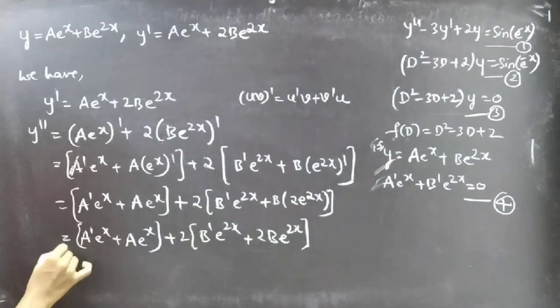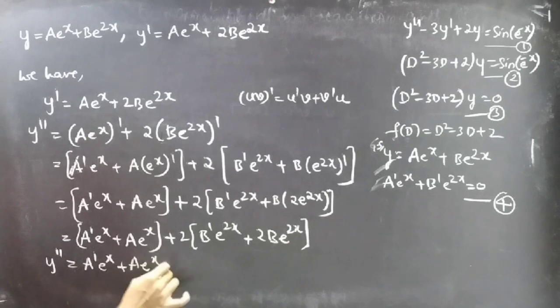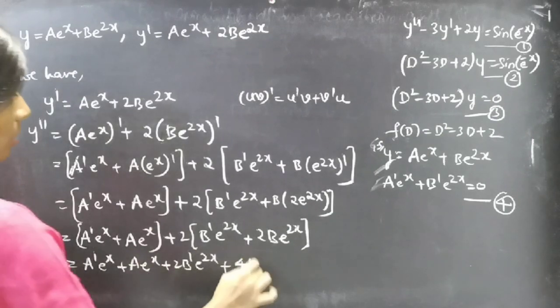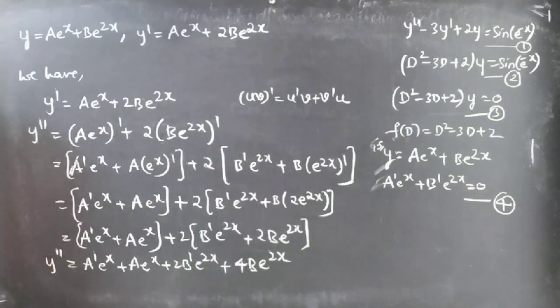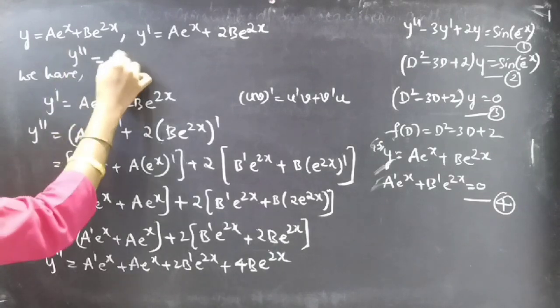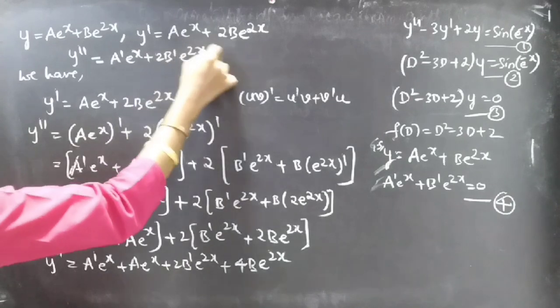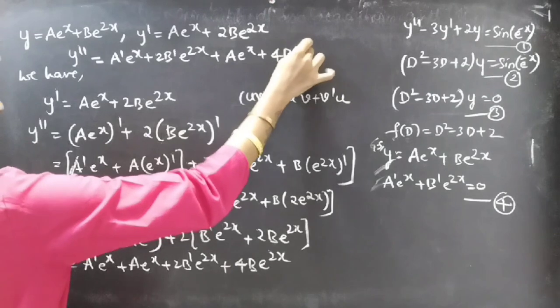We'll get y double dash equals to a dash e power x plus a e power x plus 2b dash e power 2x plus 2 into 2, that is 4b e power 2x, right? So we got y double dash, which is equals to a dash e power x plus 2b dash e power 2x plus a e power x plus 4b e power 2x.